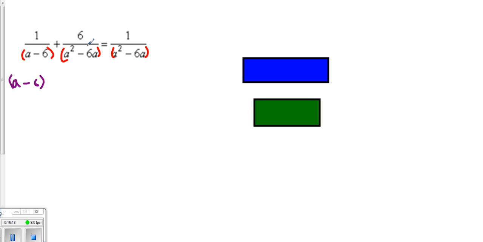Now for this one, this a squared minus 6a is considered the factor, but we can take a out of both of these. So we'll pull an a out, a times a minus 6. This one actually has two factors, the a and the a minus 6. This one over here is the same exact thing.